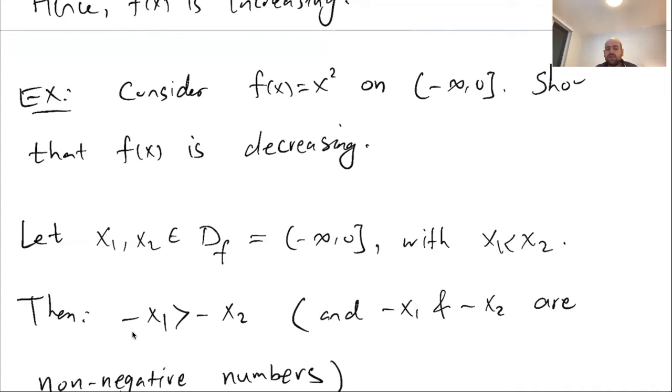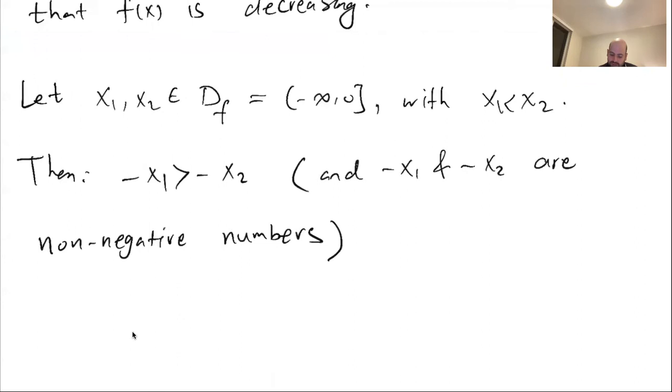And after that, I will have 2 positive numbers on two sides of my inequality. And now that I have 2 positive numbers, or at least non-negative numbers, now I can raise both sides to power 2. Then we can say that minus x1 the whole squared is bigger than minus x2 the whole squared.